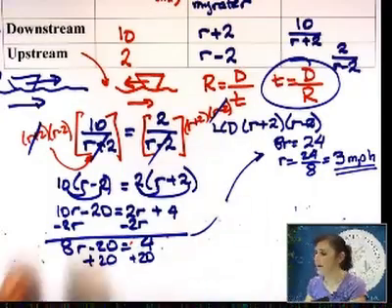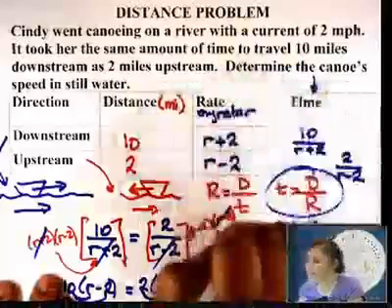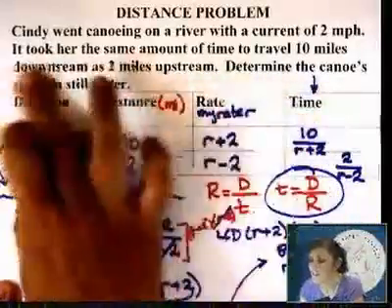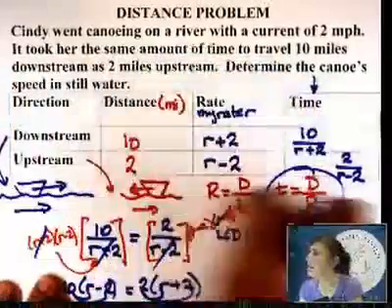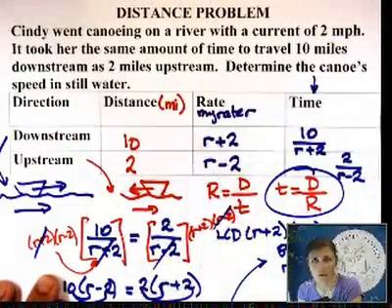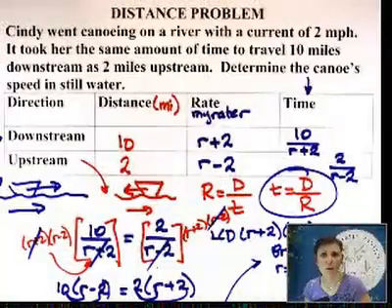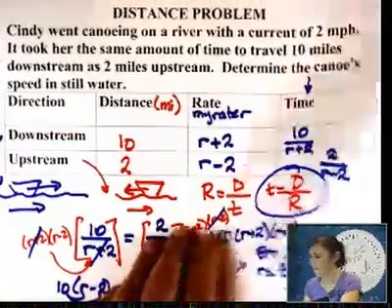There may be problems that ask you something different. You may say, it took the same amount of time, so that means I set them equal. But in some instances, they may not be the same, okay? So you have to read those key things so that you know what they're asking.